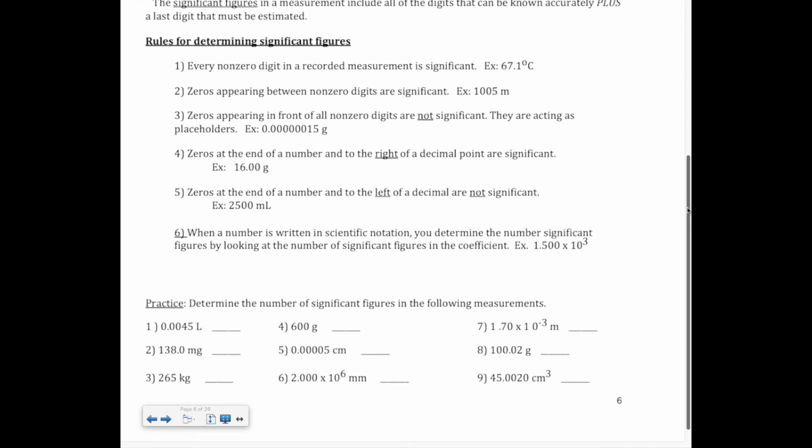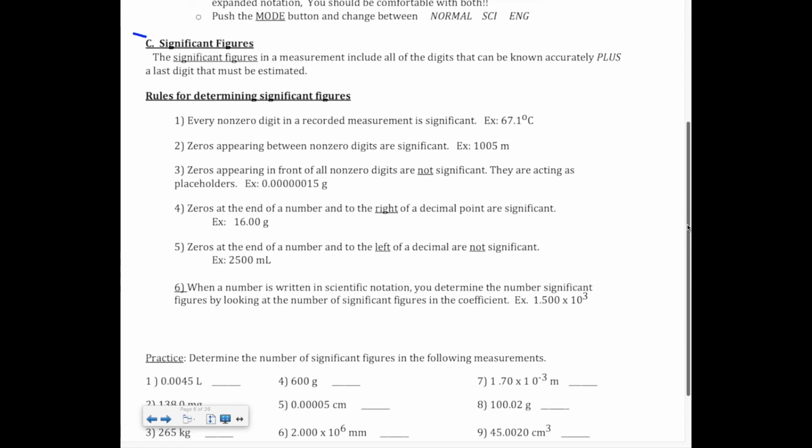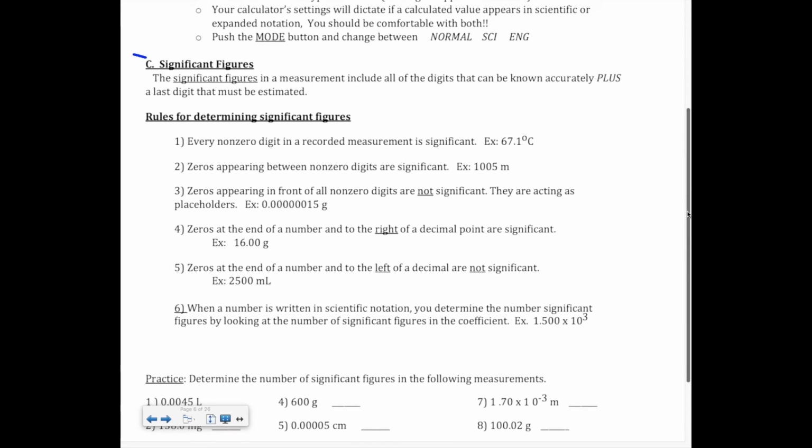So for rule number 1, every non-zero digit in a recorded measurement is significant. By the way, sometimes these are called significant figures, but I will call them sig figs, okay? Or they can also be called sig digs because they are called significant digits, okay?